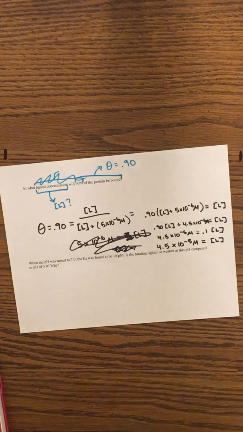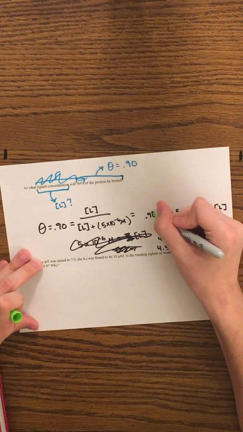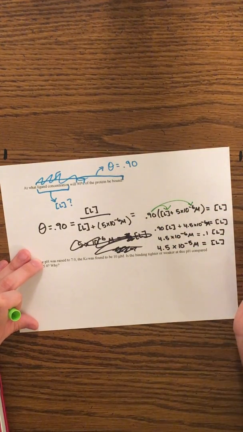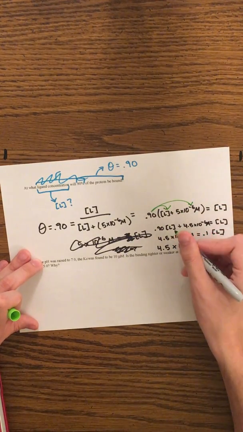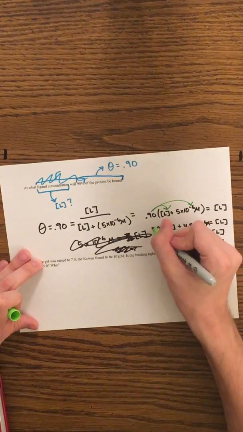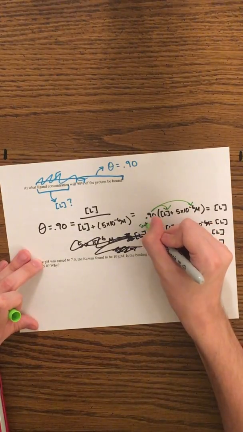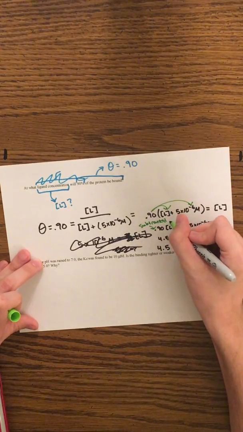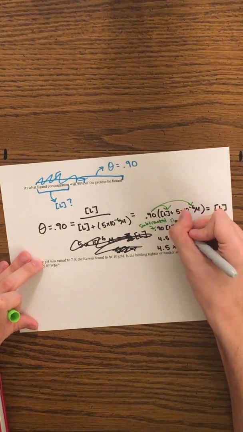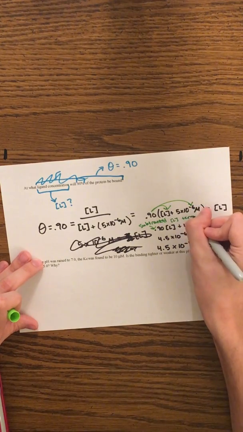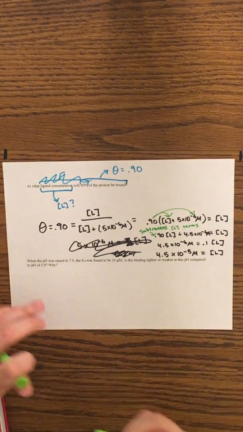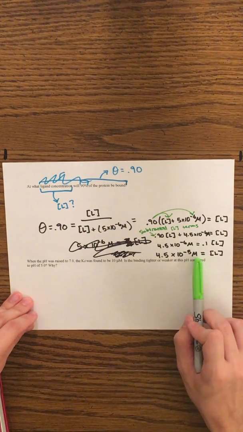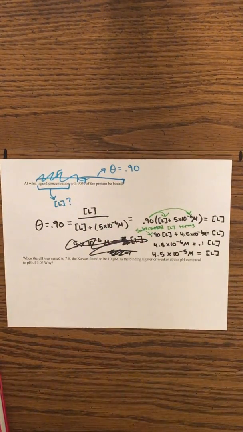What I did is I distributed those out, and then subtracted our L terms, and then just divided. And so what that means is that at 45 micromolar, 90% of the protein will be bound. Okay.